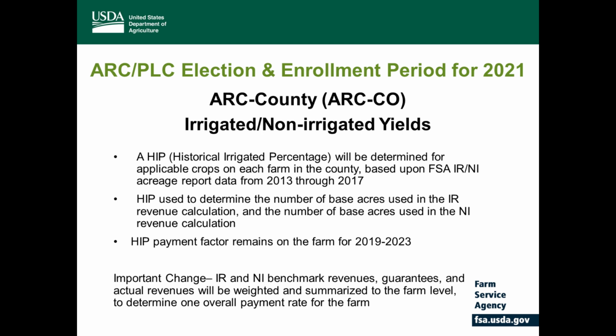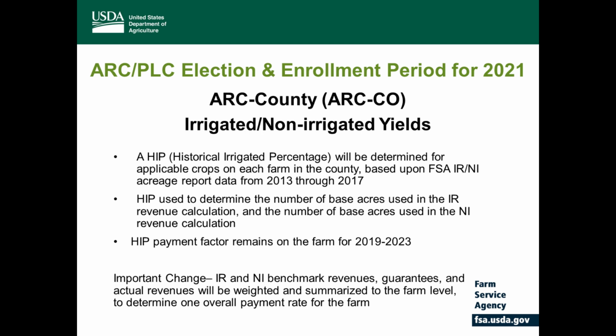So a few things that are important that I want to note regarding irrigated and non-irrigated yields for ARC County calculations. A HIP percentage will be determined for the applicable crops on each farm if you are in a HIP-approved county, and that HIP percentage is based on acreage report data from 2013 to 2017.